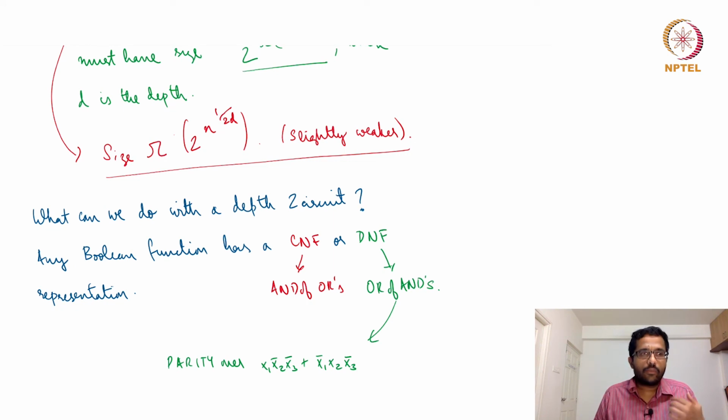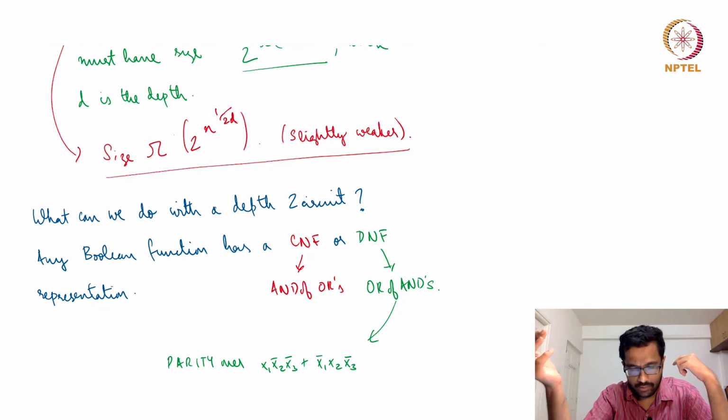So what can we compute with, let's say, a depth 2 circuit? Depth 2 meaning any from the output to the input there are only 2 gates. Any path if you take from the root of the tree which is the output gate to the leaf which is usually the inputs, there are only 2 gates, right?